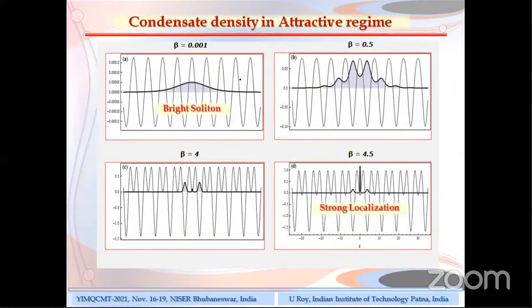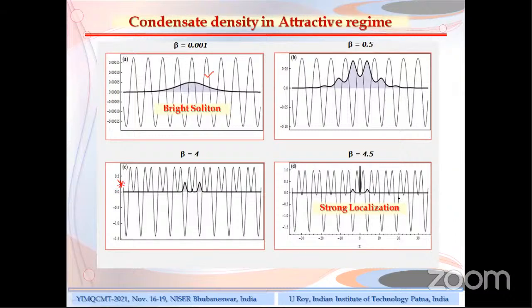And if you look at the profile, you have a bright soliton here, but this soliton does not see the potential, because the depth is very low, so it is negligible. Then if you increase it, the atoms are able to look at the potential. And then you see the position here where they start coming to the disordered place, and after that you get a spike, and all the atoms will come to the center.